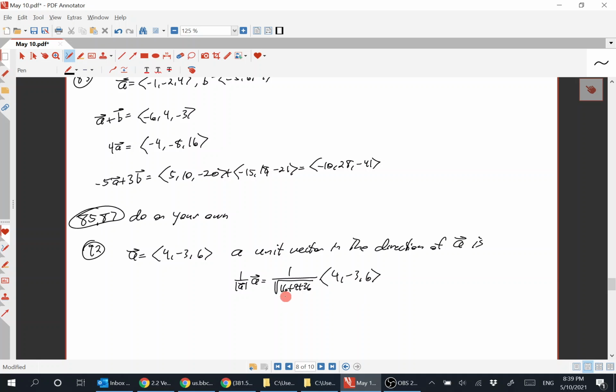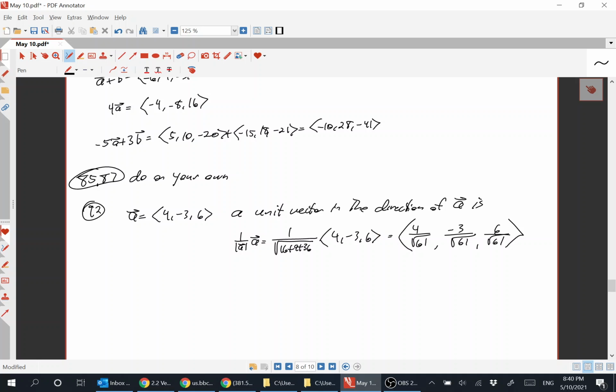So 16 plus 9 is 25, plus 36 is 61. So it's just square root 61. And that's a prime number, I think. Okay, so same as before, you just take the length of A and you divide A by that length, or you multiply it by the reciprocal of that length, and that gives us a unit vector, right? A vector of length 1.